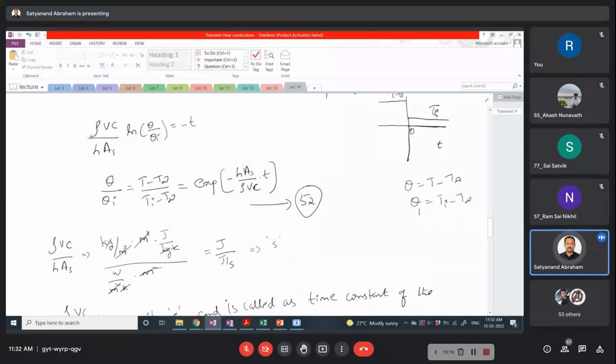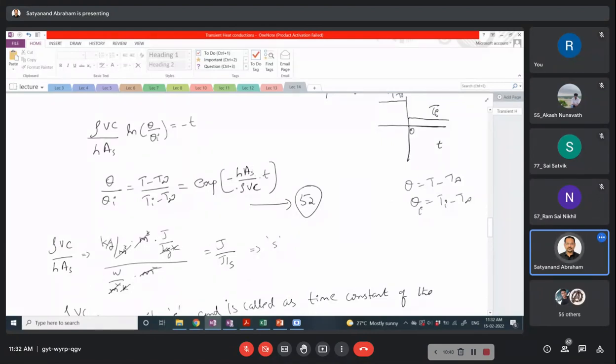Theta i is the maximum change in temperature that the body can have. That gives us theta by theta i equal to exponential of minus h A_s by rho V c times t.